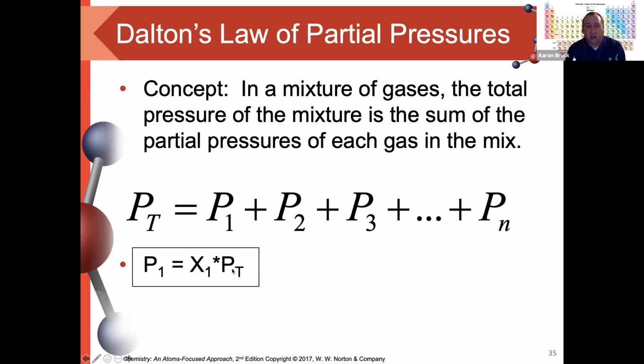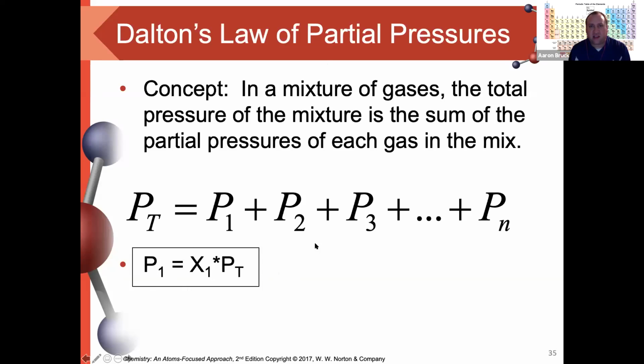Raoult's law was concerned with vapor pressure, so this equation probably looks familiar, but it's not quite the same. The difference here is that instead of total pressure in this position, we would talk about the true vapor pressure of the liquid, as opposed to just the total pressure of the gases.